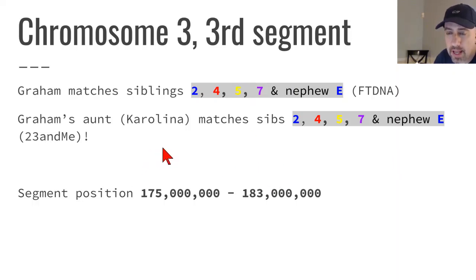Then I look at Graham's aunt, Karolina, and I find that she matches the exact same subset of my family in the same location on chromosome 3. So again, as previously noted, when we see this identical pattern in the same location, we can reasonably hypothesize that these two people match each other.